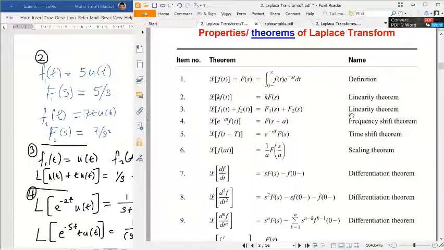The second theorem also belongs to the linearity theorem. It says that if you have two functions like this, if you want to transform into Laplace, you can do it individually. That means you transform small f1 to become capital F1, and then transform the other individually into its equivalent s domain.